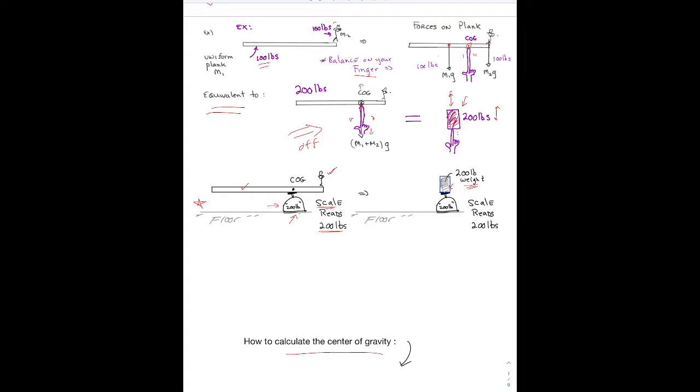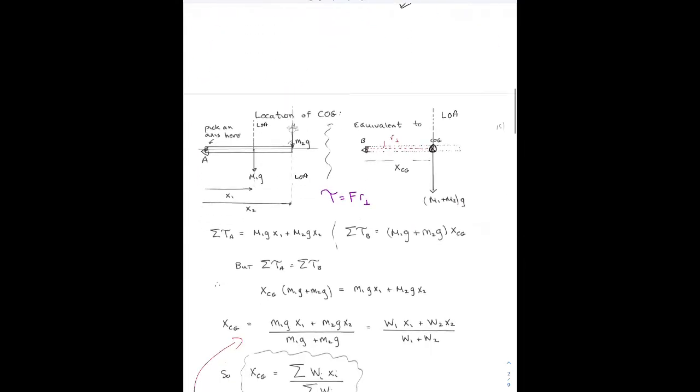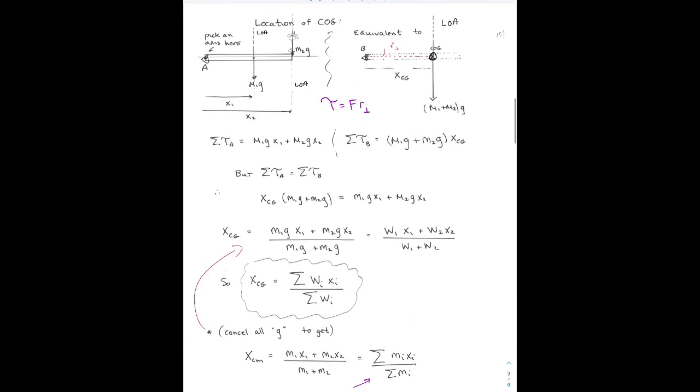Now, how do we calculate the center of gravity? Here's the person on the plank, and I drew the forces on the plank. I have the weight of the plank and the weight of the person. I'm going to pick an axis about which to apply torque.